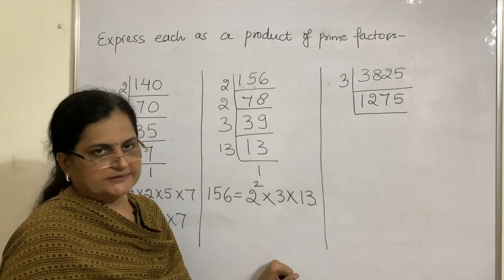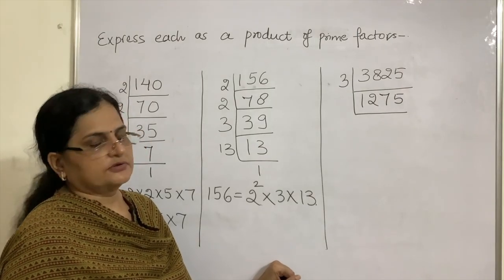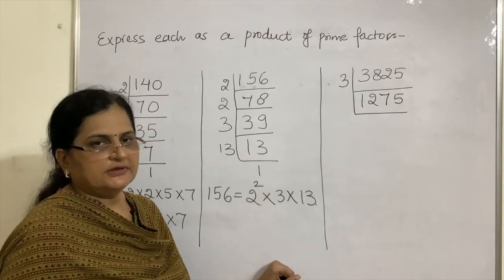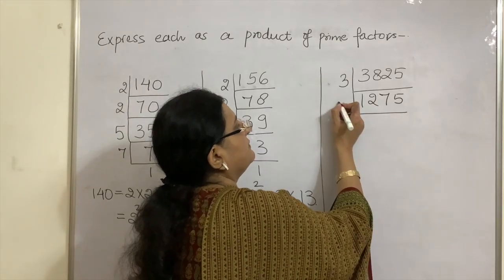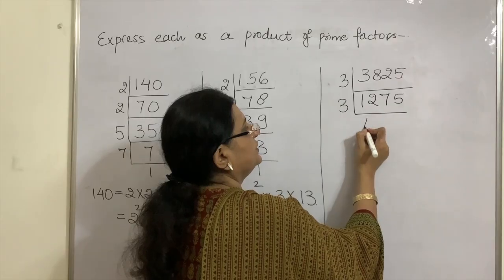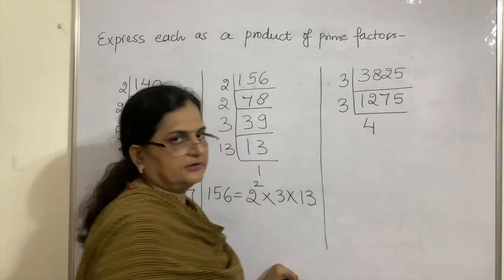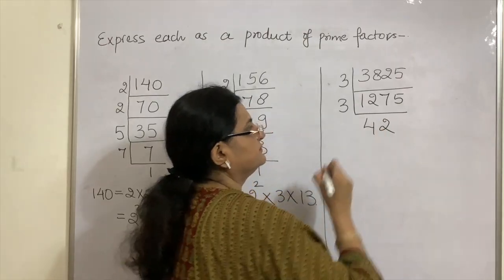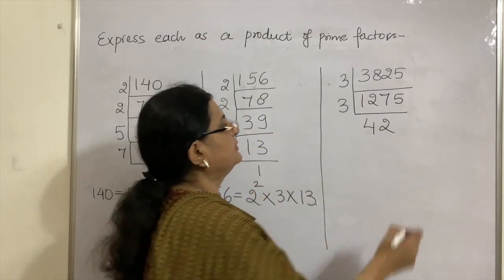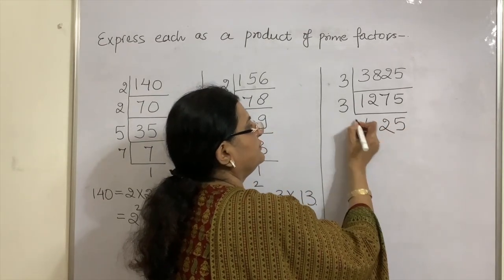You can do it very easily. Otherwise, you can also write it down in rough and find out the answer. Again, it can be divided by 3. So 3 fours are 12. Agreed? 3 twos are 6. Remainder is 1. 3 fives are 15.